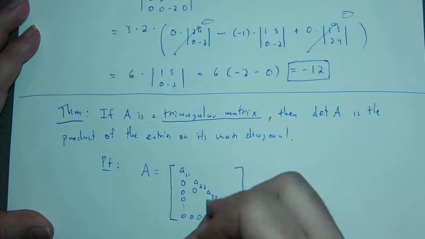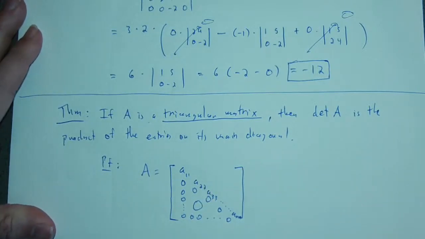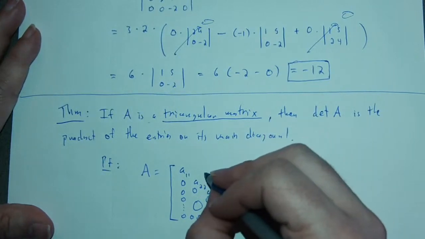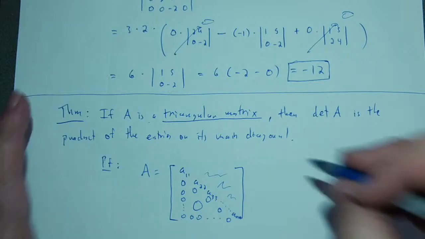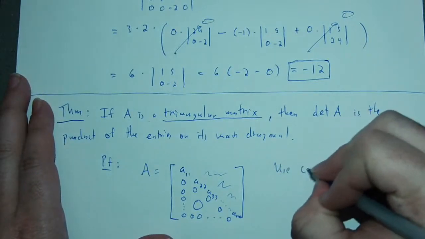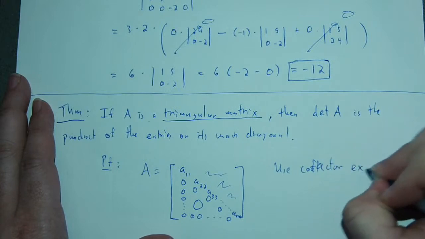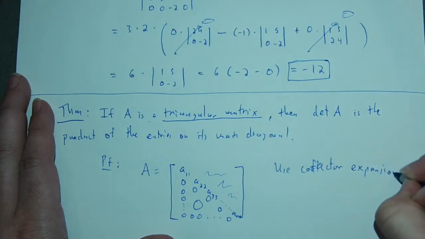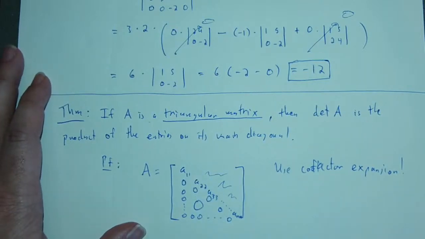All these entries are 0. All those are 0. What's above doesn't really matter. We don't really care. What's the idea here? Use cofactor expansion. Go down the first column.